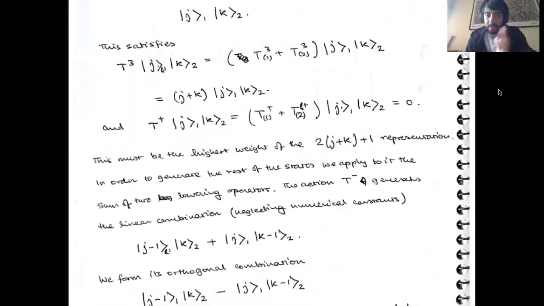In this dimensional representation, we have found the highest weight state, which is just this guy. Now we want to find all the states.